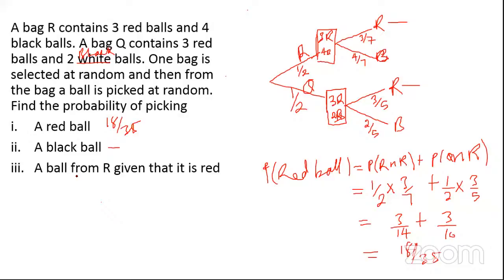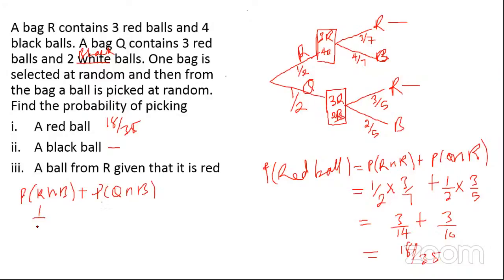Then we go to the probability that it is a black ball, so it is still the same procedure. The black is R intersection black, or probability of Q intersection black.